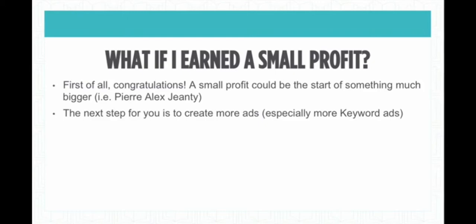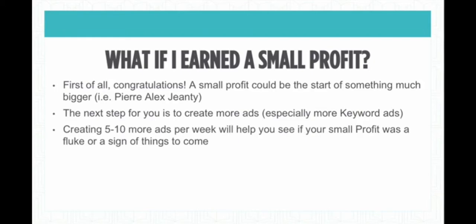The next step, if you earned a small profit, is to create more ads, especially keyword ads. And during Tuesday's webinar, we're going to get a lot into, well, what other keyword ads should I create? But that is the next step, even if you just earned a small profit.